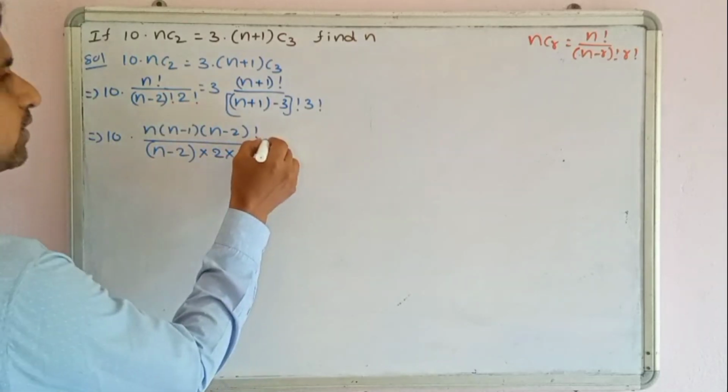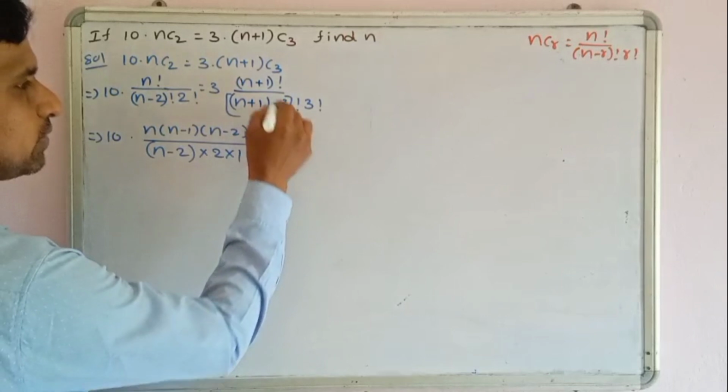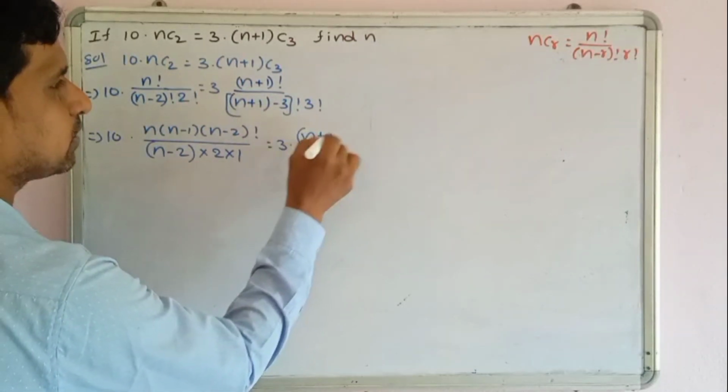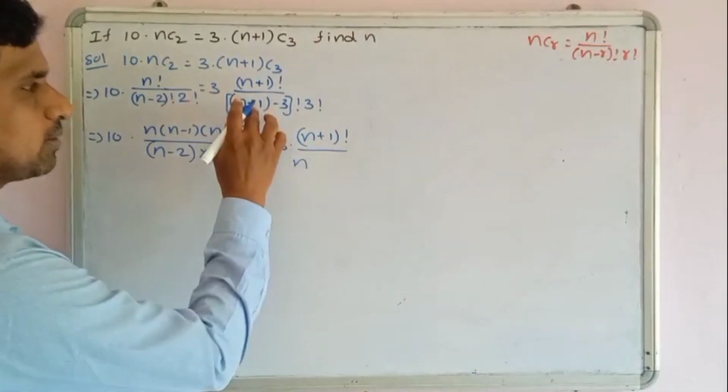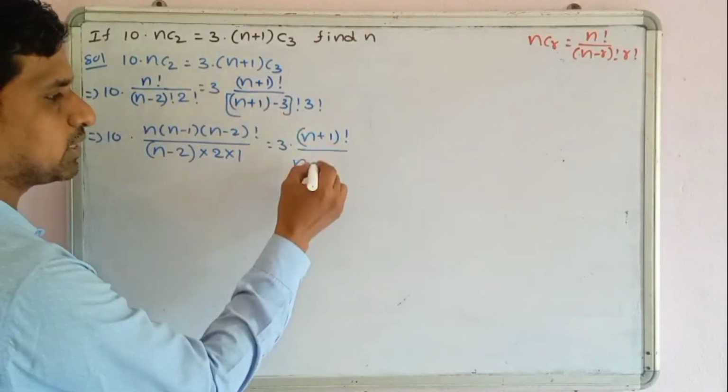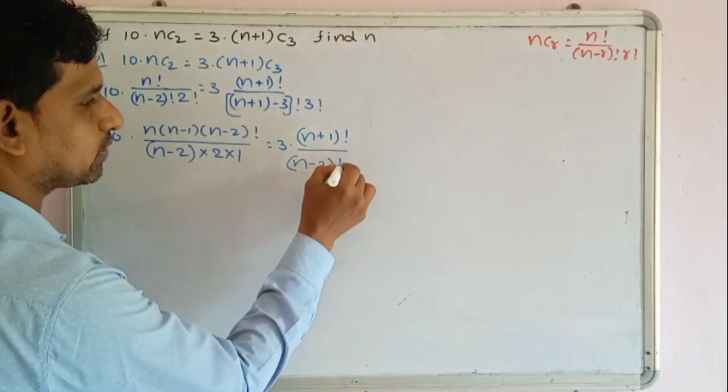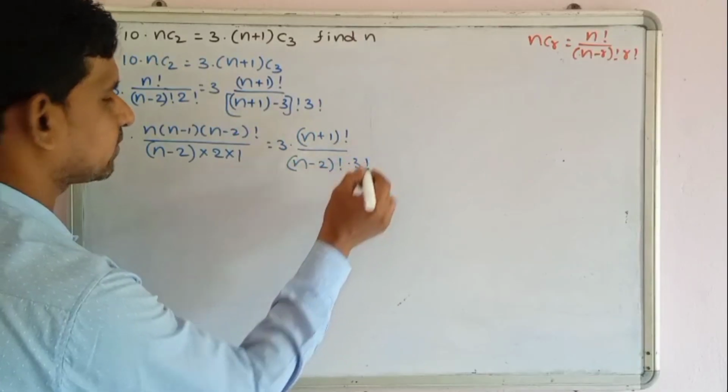Okay, that equals 3 into, this is n plus 1 factorial by n plus 1 minus 3. 1 minus 3 is minus 2. So n minus 2 factorial into 3 factorial.